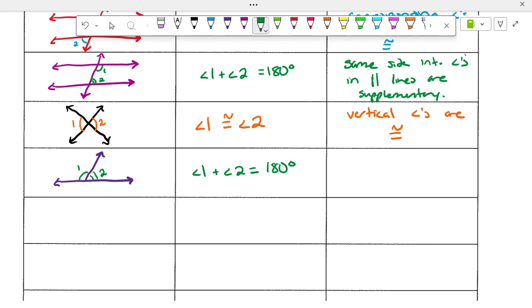What's that picture technically called? I'll give you a hint. It's two words. First word starts with an L. Last word starts with a P. Linear what? Linear pair. Good. So a linear pair is supplementary.